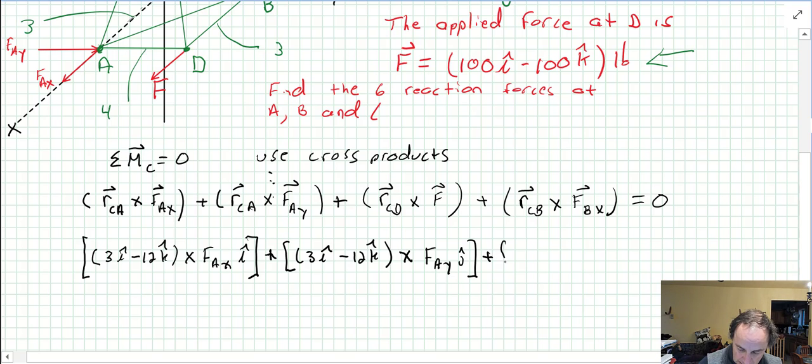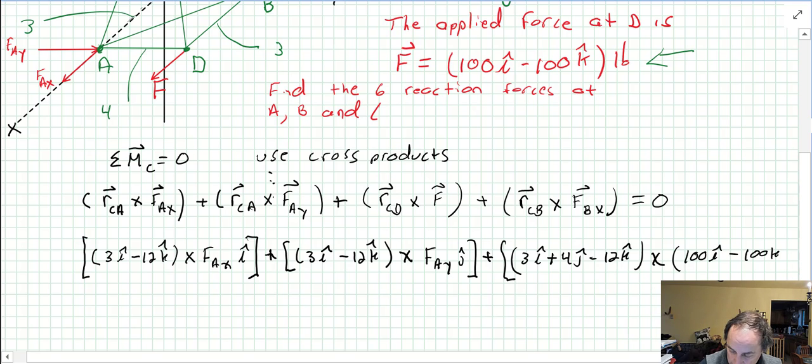And then plus unit vector CD. Now this one's a three-dimensional unit vector. So it comes out 3 units in the x direction, it goes over 4 units in the positive j direction, and it goes downward from C to D 12 units in the k direction. That gets crossed with the applied force, which is 100i minus 100k.